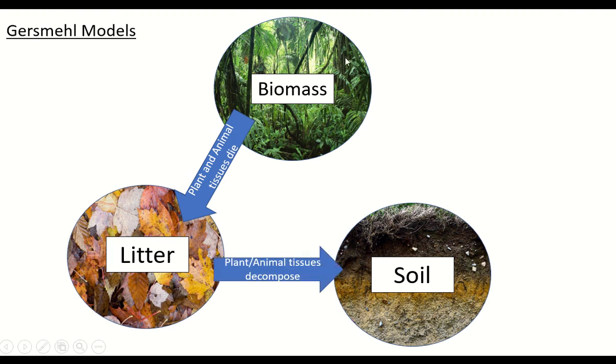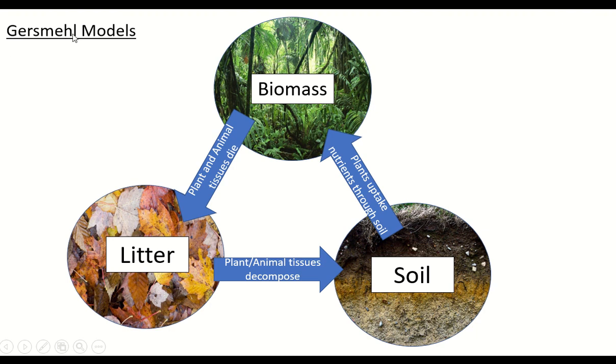So the biomass dies, the plants die and animals die. That becomes litter, and then that nutrient store gets decomposed to go into the soil, and then the nutrients in the soil get taken up by the living material, the biomass. Plants take up nutrients through the soil, which they then pass along the food chain to the animals that eat them, the herbivores. So you can see there is a cycle.